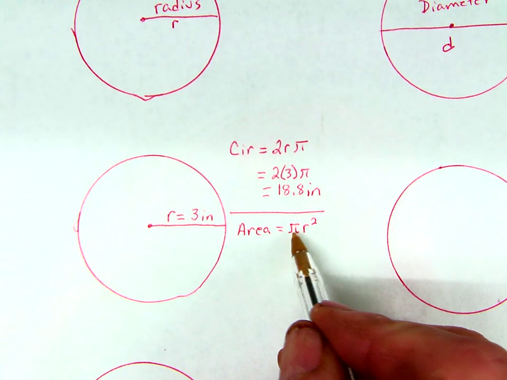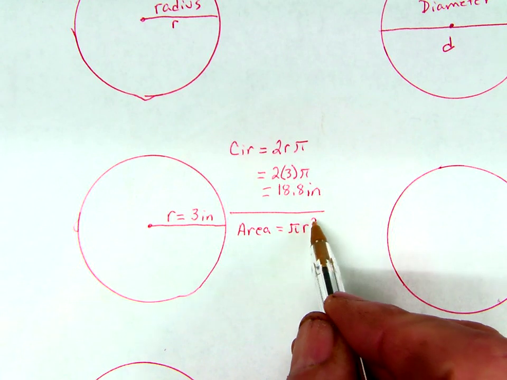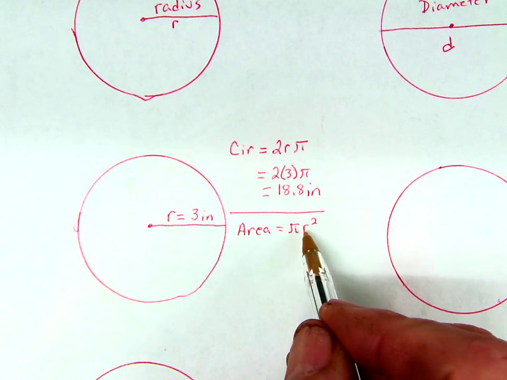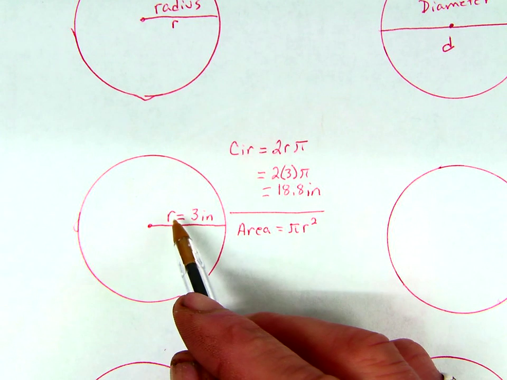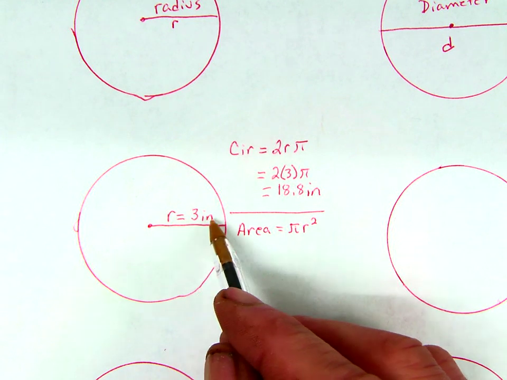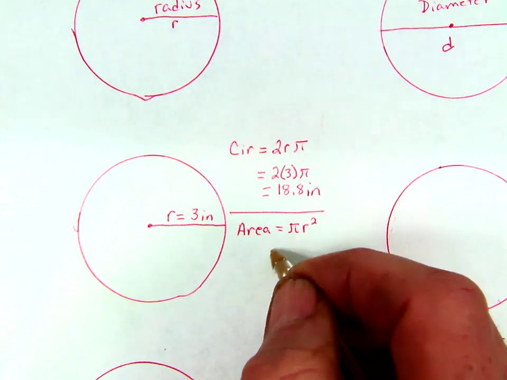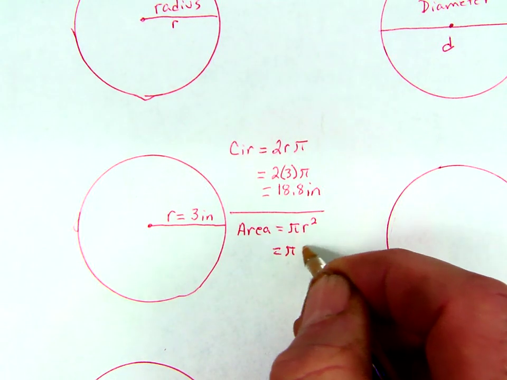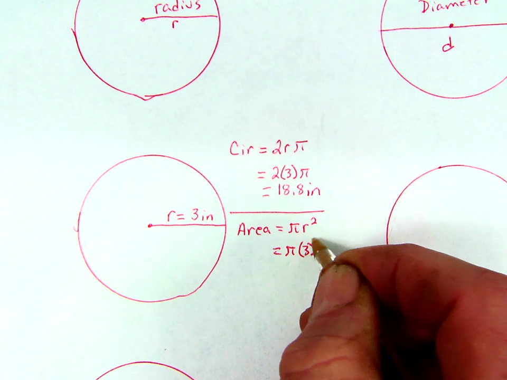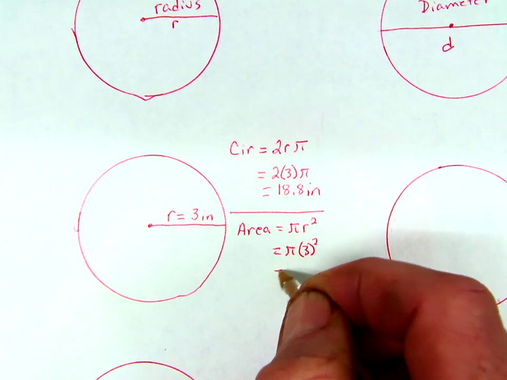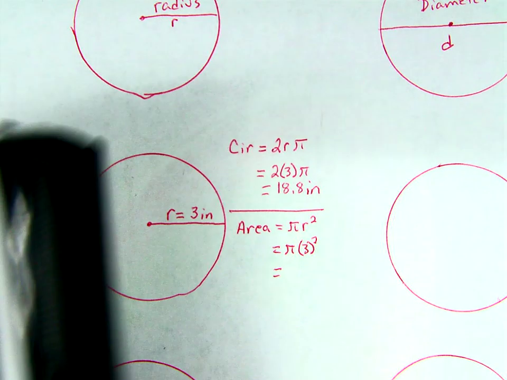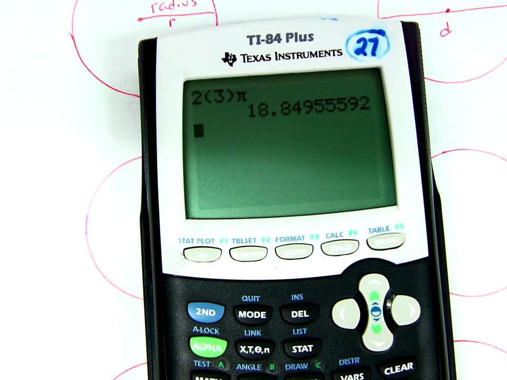So pi, we can do that in the calculator. Square, we can do in the calculator. It's r that we need a number for, and here it is right here. R equals 3. So we pull the r out, replace it with the 3. Pi times 3 squared. When we go to the calculator, we type that in. Pi 3 squared.